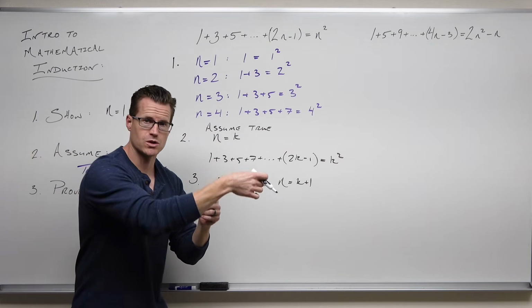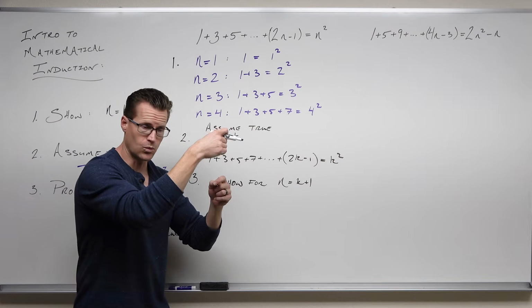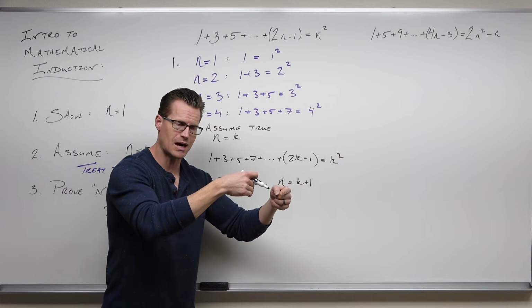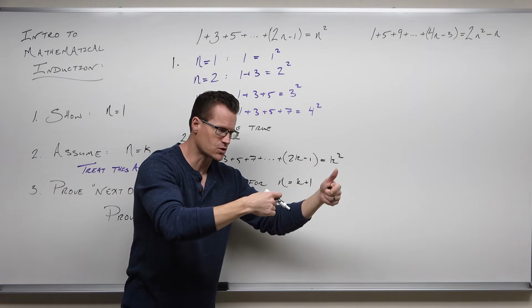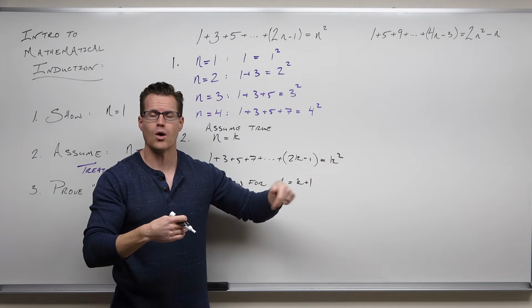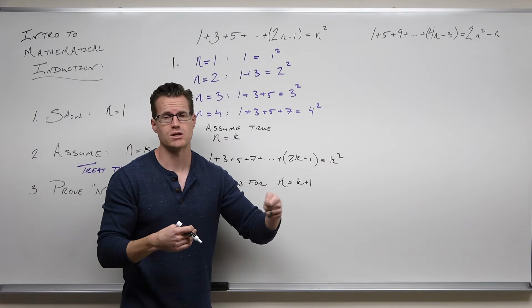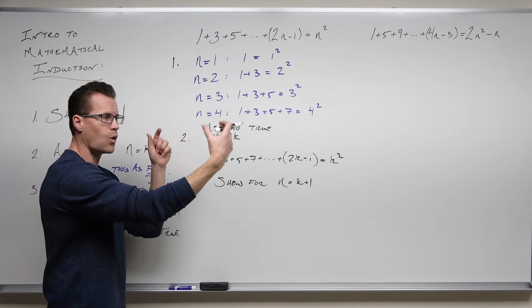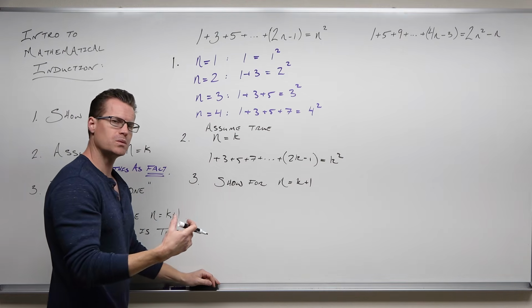Well, you can't stop that. If you show the next one's always true, then when you get to 1, you show the next one's true. When you get to that one, the next one's true. When you get to that one, the next one's true. It will go forever, and you'll always be able to prove the next iteration is true. The next term is valid. This holds for the next term. So here's what we would do.